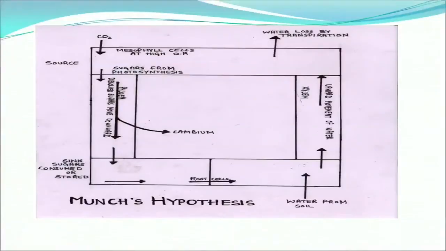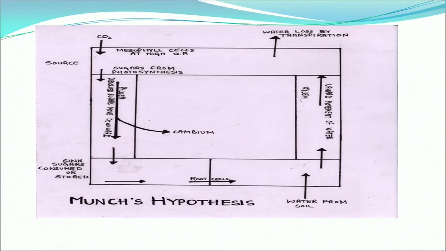Here is an illustration which will tell you about the Munch hypothesis, which we will come across in the next slide. So, root cells absorb water from the soil and allow it through the xylem to the upper part of the plant, and along with the water current all those minerals get transported to the leaves.